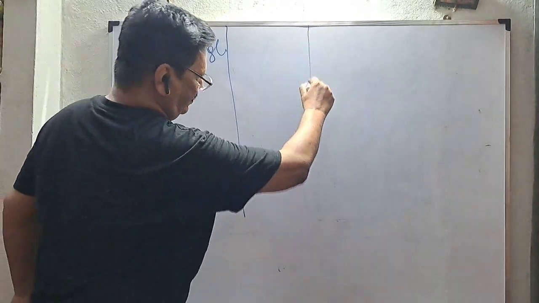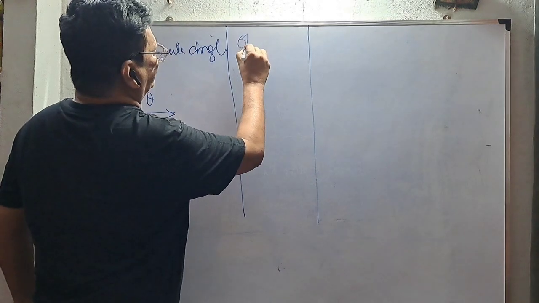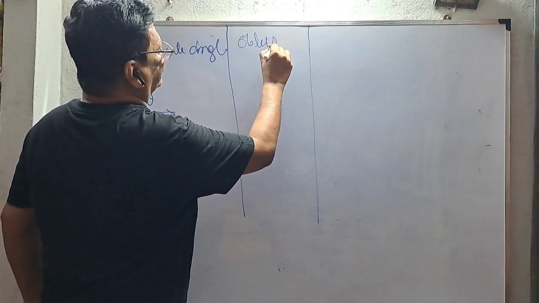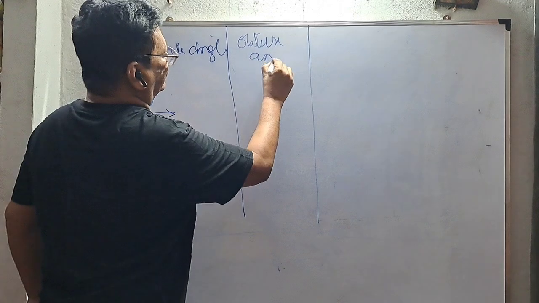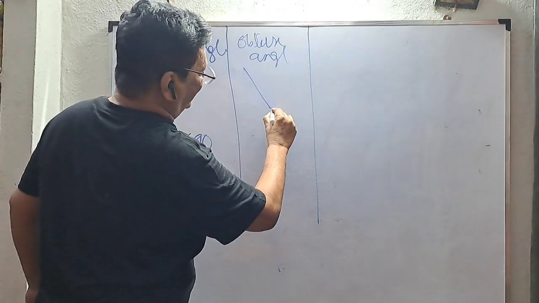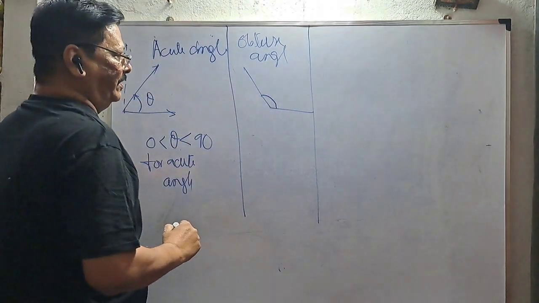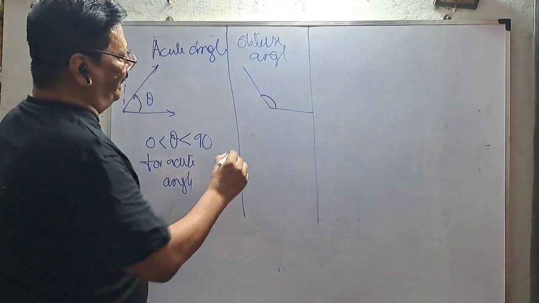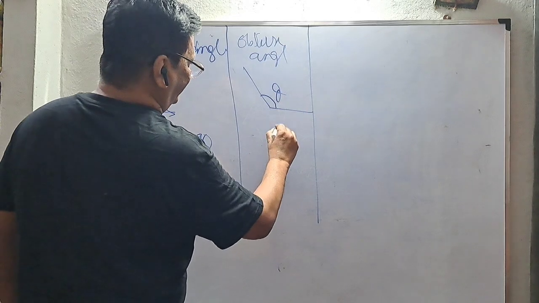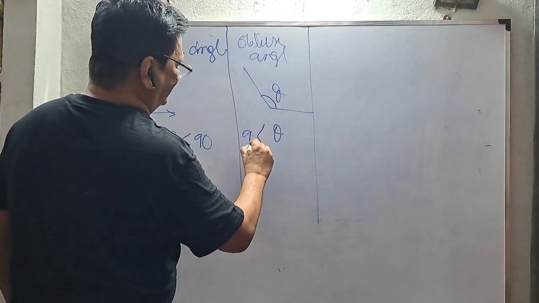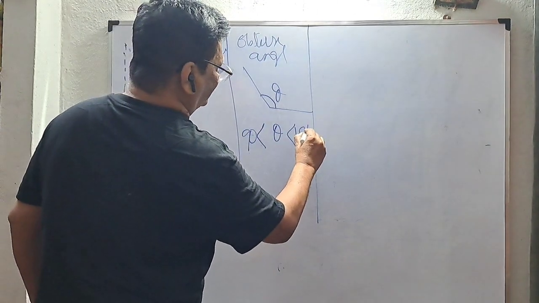Now comes the obtuse angle. If you have something like this, you see this is more than 90 degrees. So if this is theta, theta will be greater than 90 and less than 180.